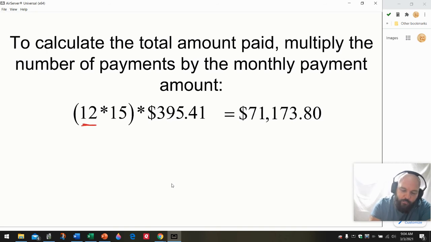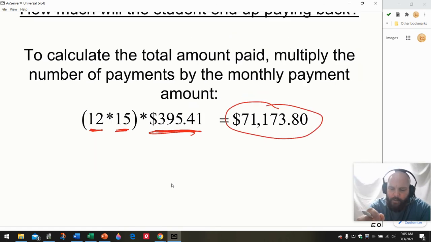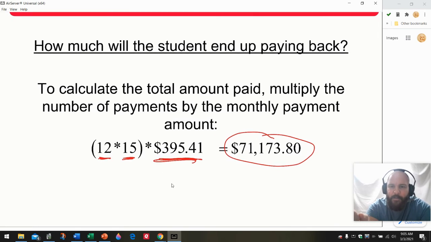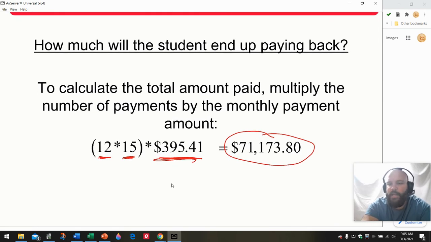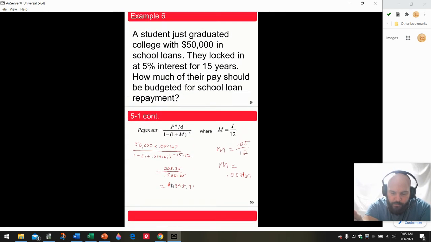So if you take 12 months times 15 years and you multiply it by your monthly payment, you will get the total amount of money that you pay the bank back. But you're going to say, wait a second, I didn't borrow that much money. That's $71,173.80.